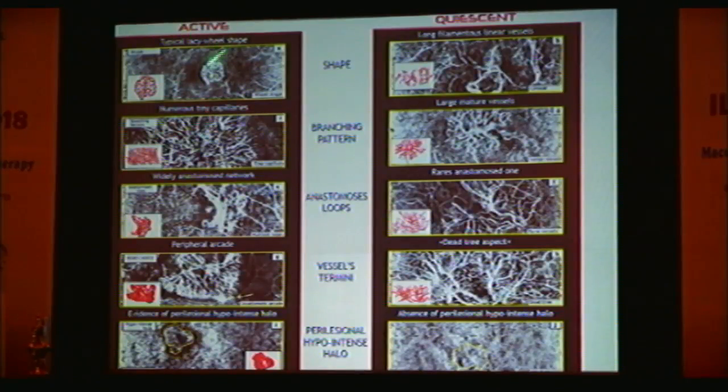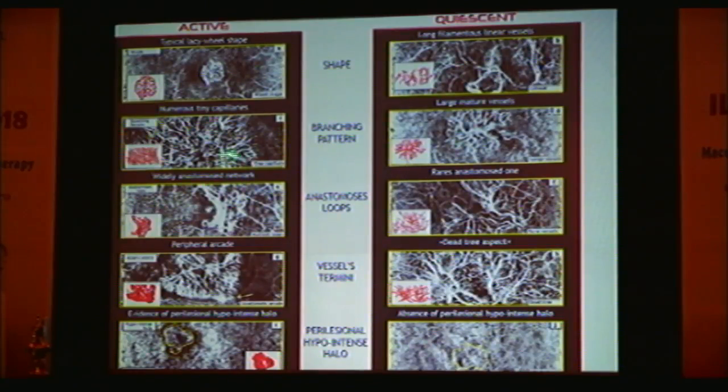A typical lacy wheel shape is active as compared to long filamentous linear vessels. With numerous tiny capillaries, they are active. The smaller the vessels, the more active they are. And sometimes, at the edge of these vessels, there are tiny lacy capillaries. So that means it's still growing and still active, but at the margins.